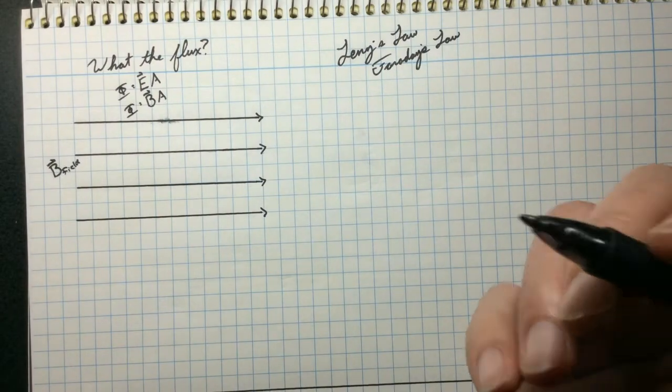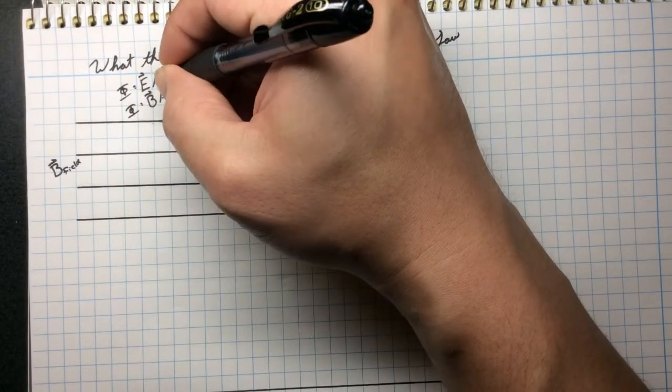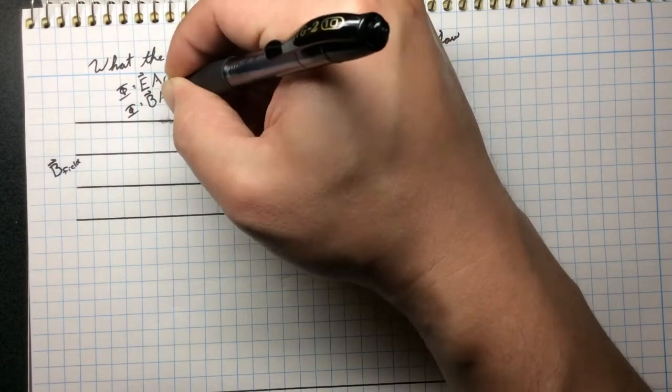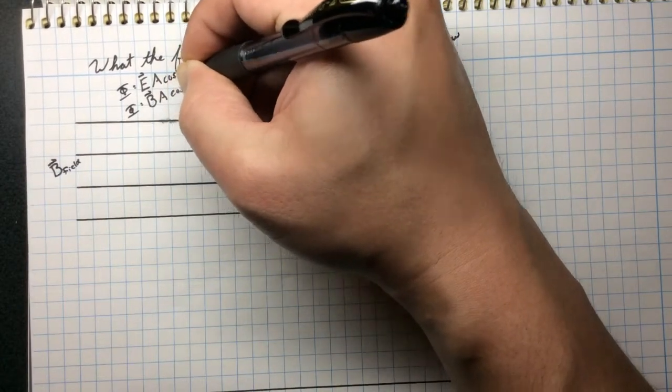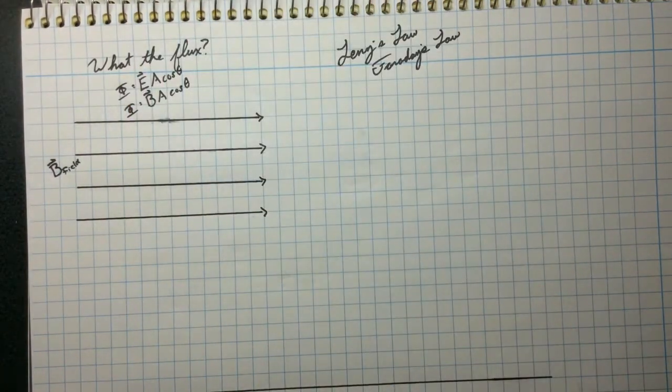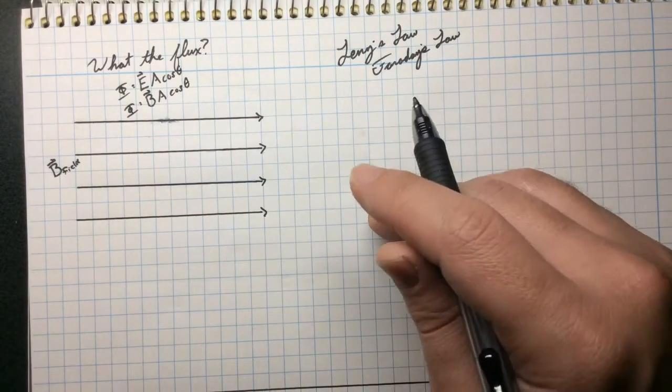So with this idea of flux, usually you're going to see a cosine theta along with it. What that means is that usually we give you that angle, and if you take the cosine theta of that angle, it's going to give you the component of the field that is going straight through that area.